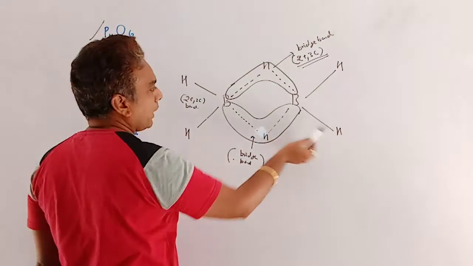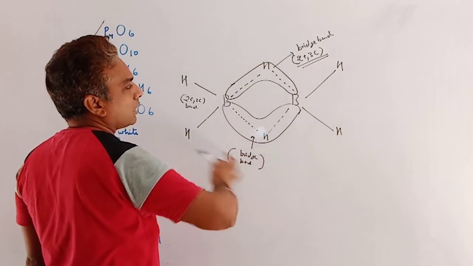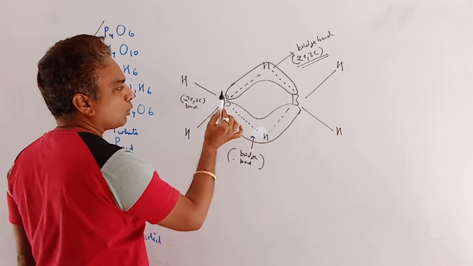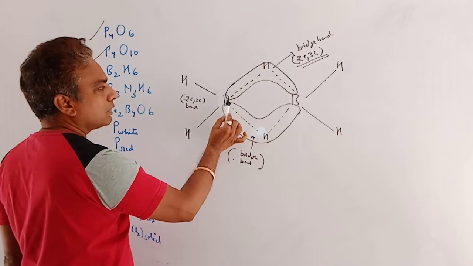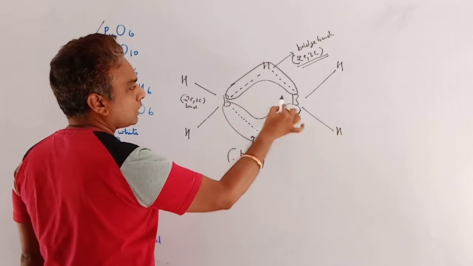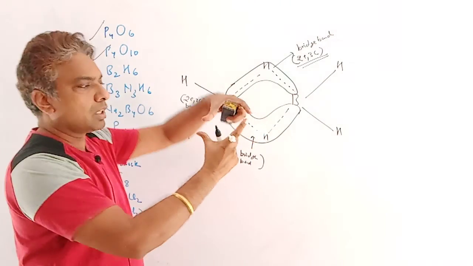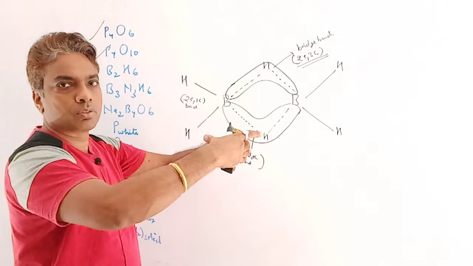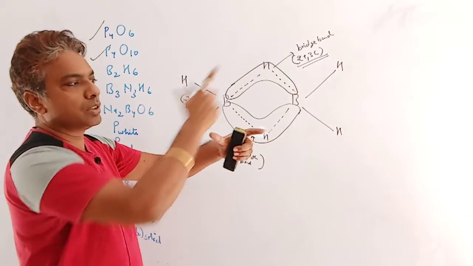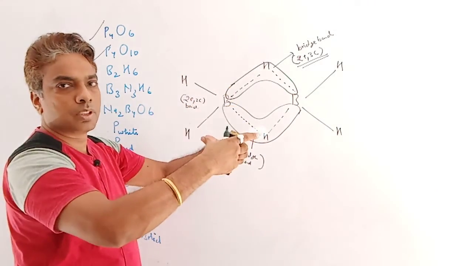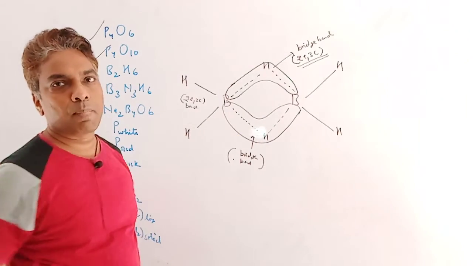If 4 hydrogens are in the plane of the whiteboard, one hydrogen is outward to the plane like this and another hydrogen is inward to the plane like this. So the banana formations are like this, and the remaining hydrogens are in the plane of the whiteboard. Clear?